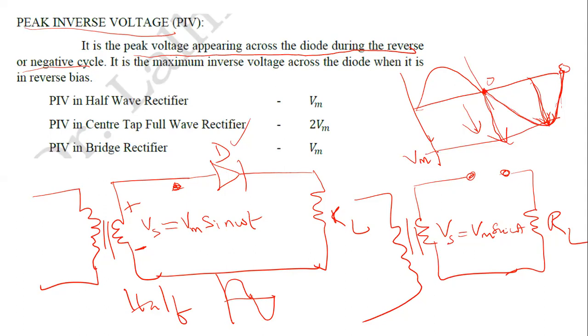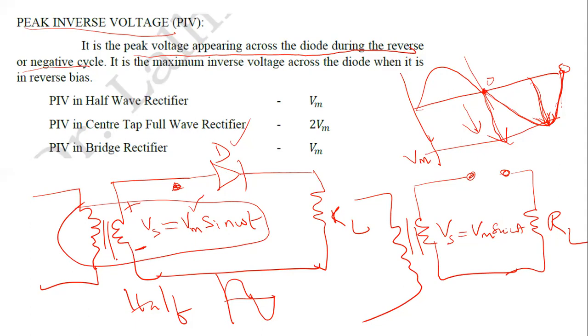So in your design, you should design a transformer such that the peak inverse voltage does not cause avalanche breakdown in the PN junction here.